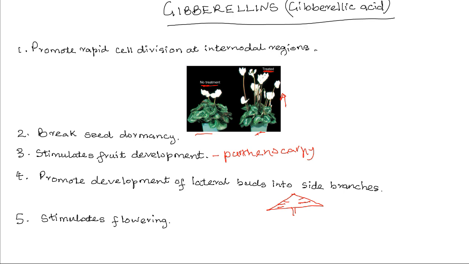But where a plant has a low concentration of gibberellins, then it tends to grow straight because of the apical dominance, whereby the apical bud will inhibit the development of the lateral buds into side branches. But when we have sufficient gibberellins, then the lateral buds are stimulated to grow into side branches. And lastly, gibberellins stimulate flowering in many plants.